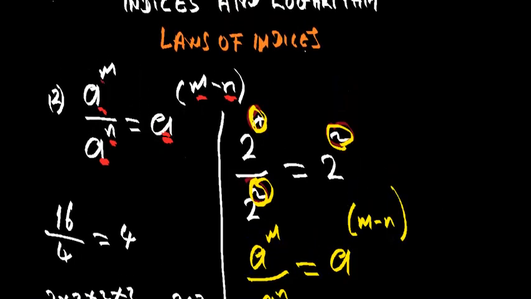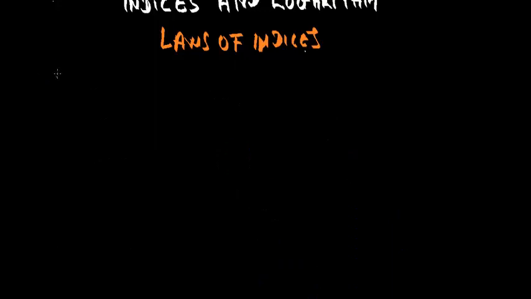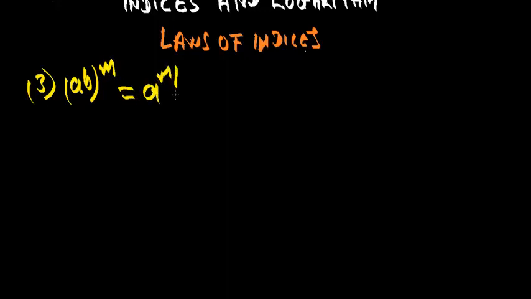Then we move on to our next one. Now the next law, we can call it law 3, is if I have (ab) exponent m, this one is simply equal to a^m times b^m.